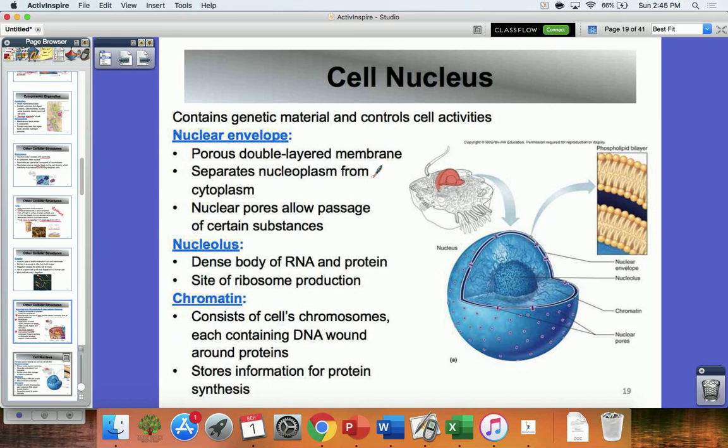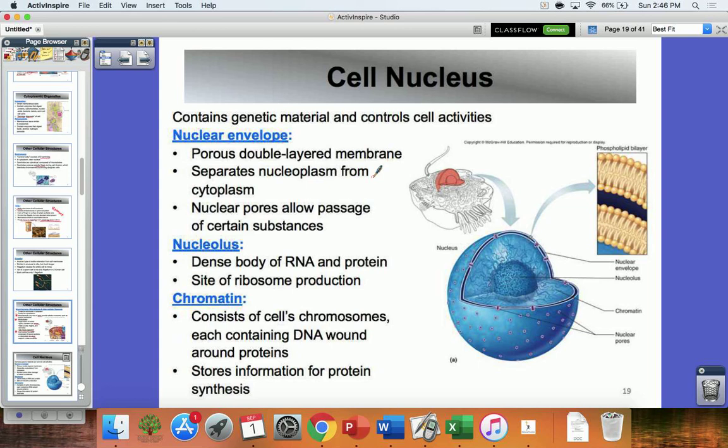All right, so the cell nucleus. This is one that we mentioned earlier, where we know that the nucleus is going to be our control center of the cell. It's going to have our genetic material, i.e. the DNA. And in order to get inside of the nucleus, you have to have some type of pore or a membrane. And so we have an envelope, just like we have a cell membrane around the cell.